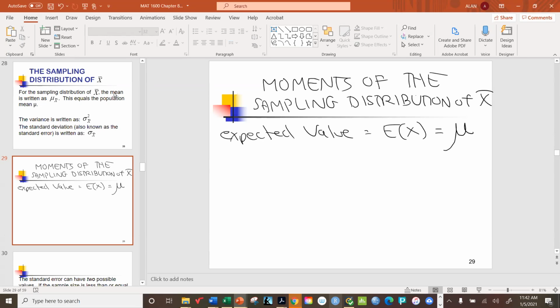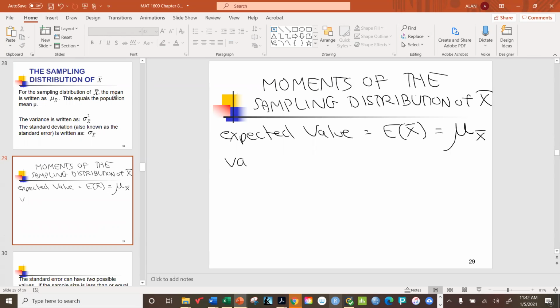Actually, no, we're going to write it as E of X bar. And then here we'll write mu X bar. These both represent the same thing. So in other words, because we need to make it clear that this is a sampling distribution for X bar, the expected value will be written as E of X bar or else mu with a subscript of X bar.